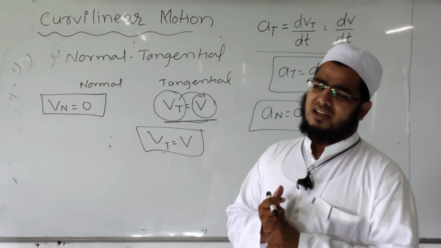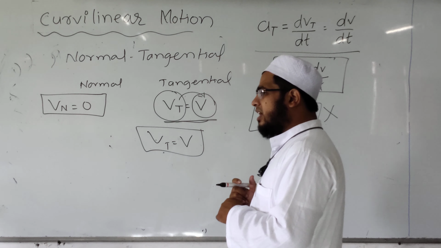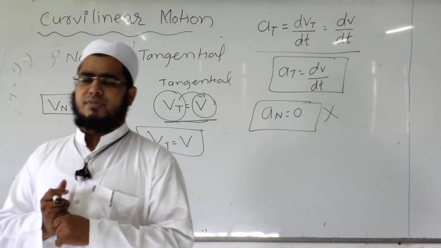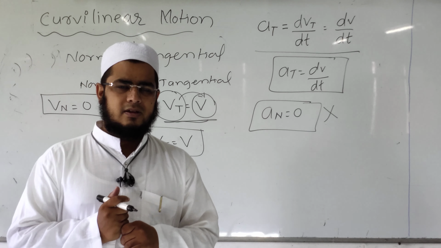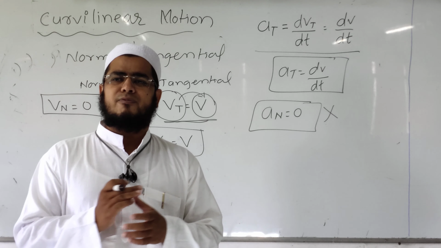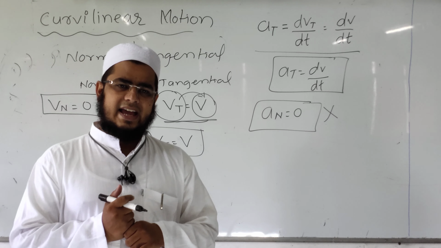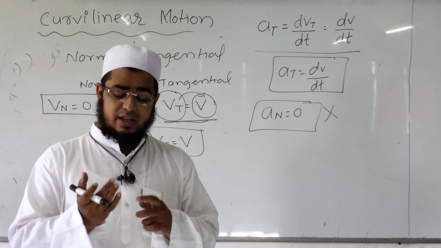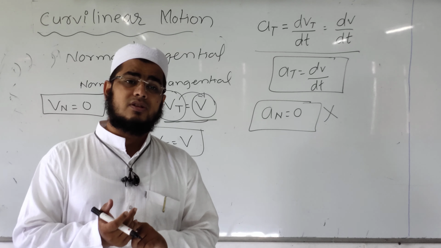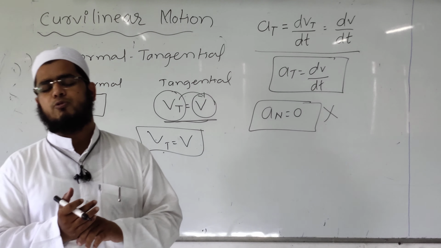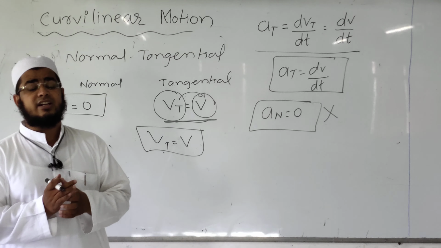We know that whenever a particle is moving along a curvature, means moving along a curved line, there are some forces acting on the object. The very important force is centripetal force, and another very important force is centrifugal force.